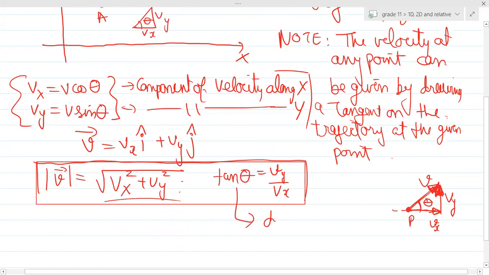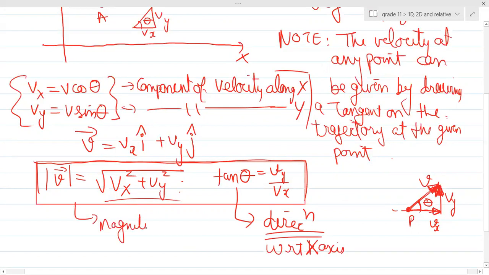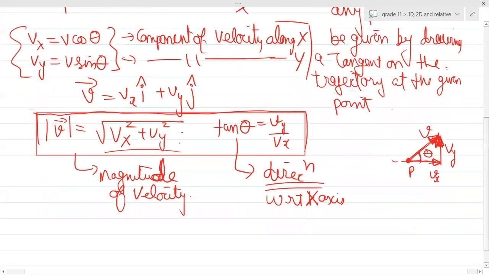The angle will give you direction, with respect to the horizontal, the x-axis. Both are important, magnitude as well as direction, because for defining any vector quantity you require both. Is this clear? Any doubt till here?